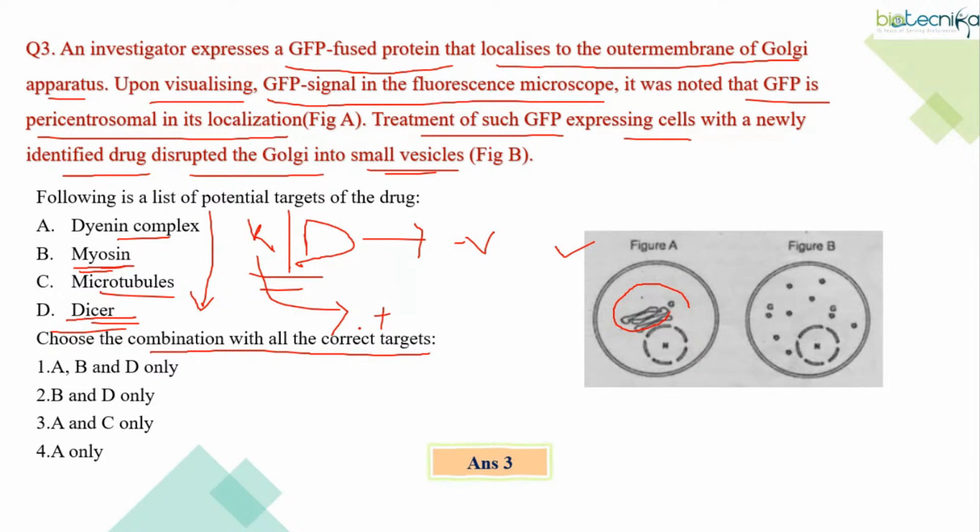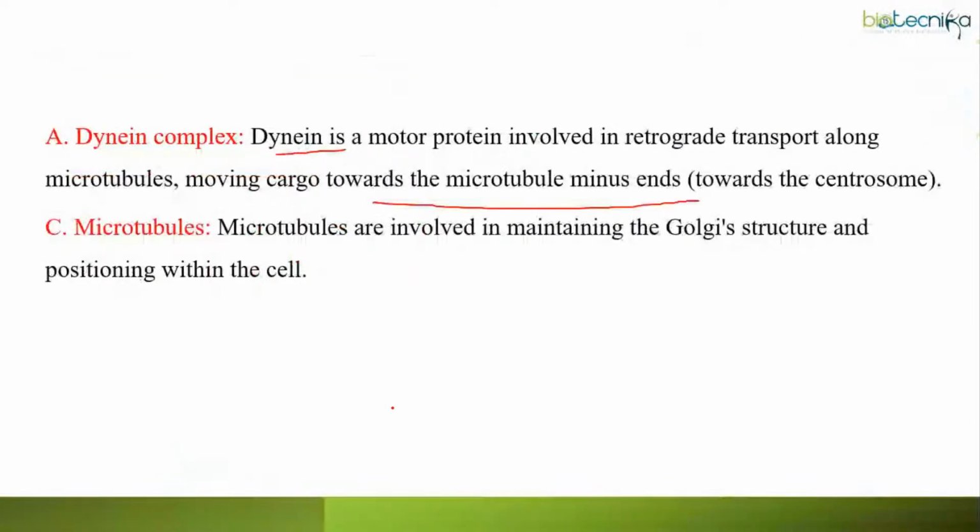So like this, you can get to a conclusion. So dynein is a motor protein involved in the retrograde transport along the microtubules, moving the cargo towards the minus end, that is towards the centrosome. And microtubules are obviously involved in maintaining the Golgi structure and positioning within the cell, which I have already mentioned with the first question.